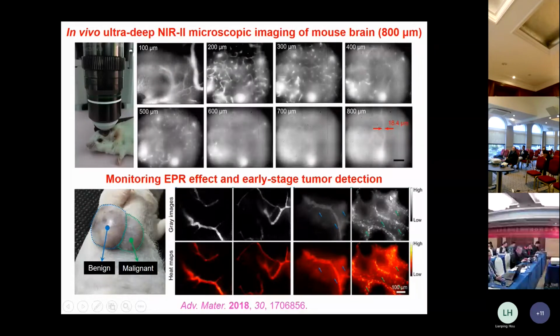For example, this is the malignant tumor, and this is the blood vessel. There are a lot of nanopores between these two entities. That is why these cancer cells can enter your blood vessel and migrate through your whole body.